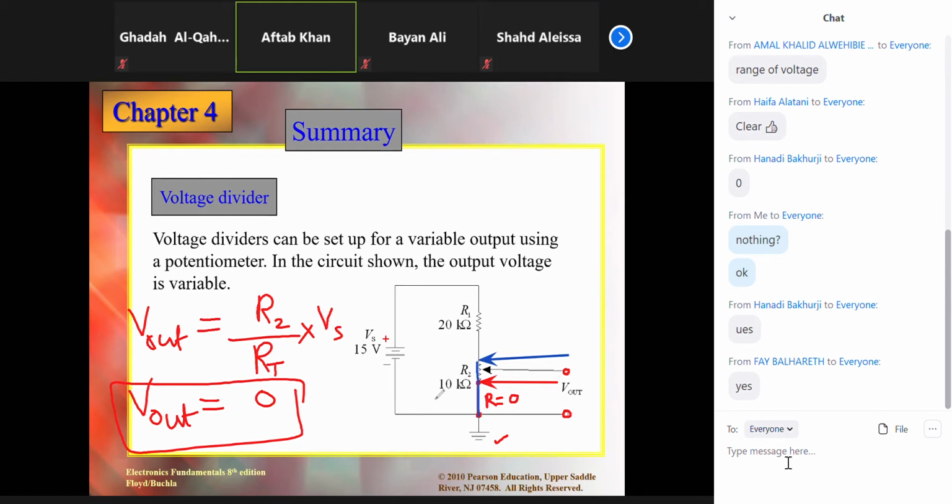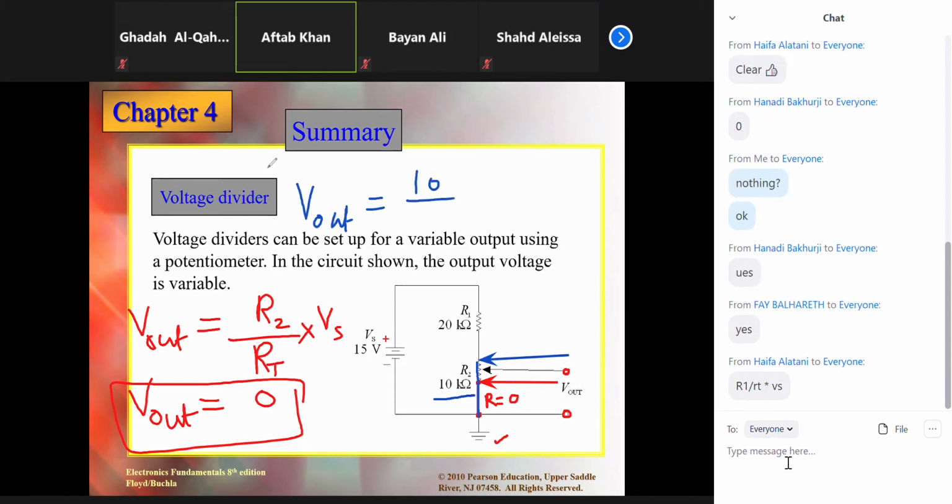You can see the entire value of R2, which is 10 kilo ohm, is going to be covered this time. So in this situation, if I calculate V out, V out is going to be R2, which is 10, over the sum, which is 30, multiplied by 15.